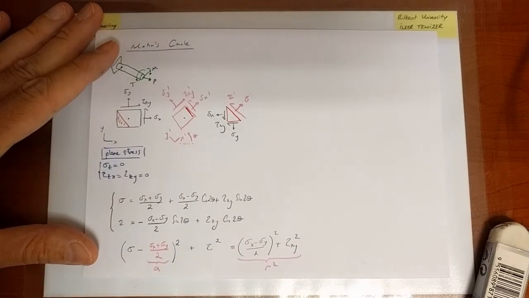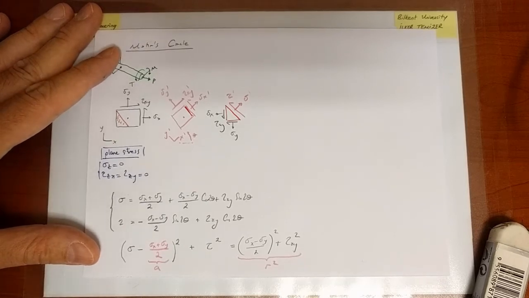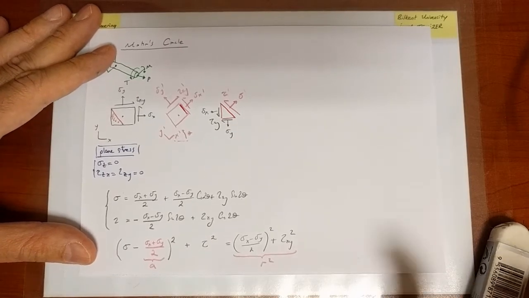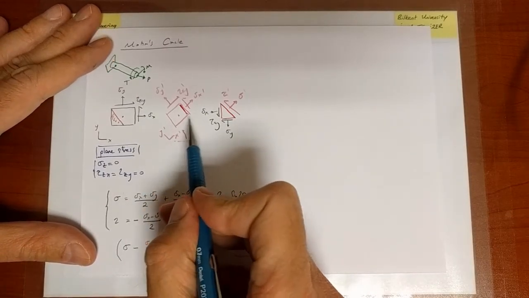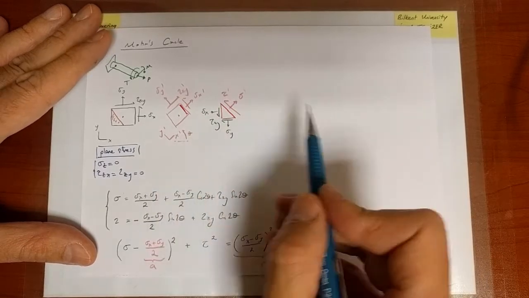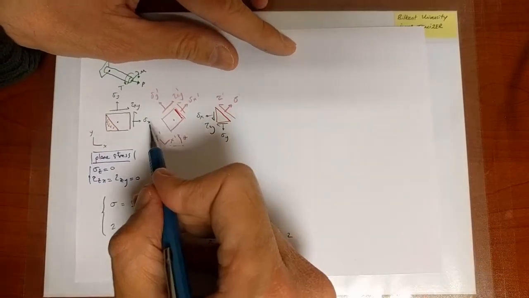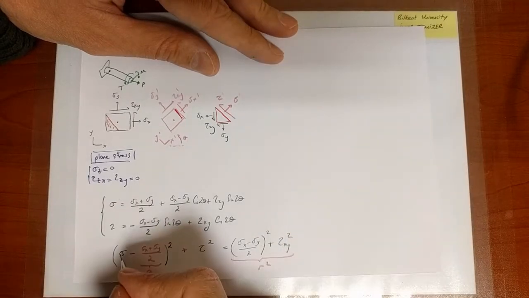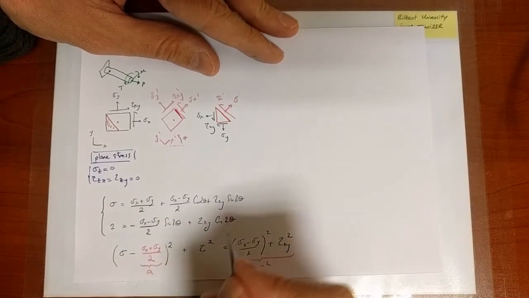x-axis. So the way we are going to draw that circle is going to be based on a few conventions that will allow us to make clear deductions in the relation between the circle I'm about to draw and that picture. So the circle, first of all, the x-axis is like sigma, and the tau axis is like y.